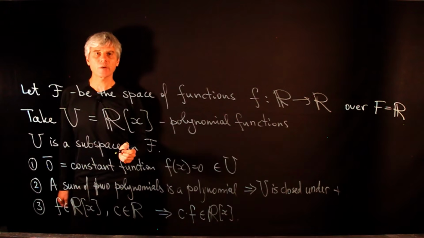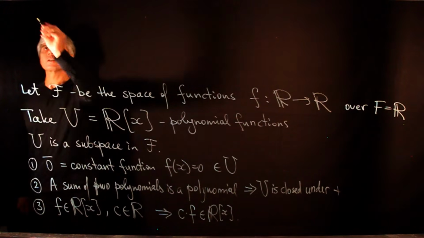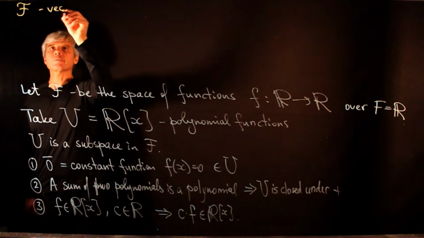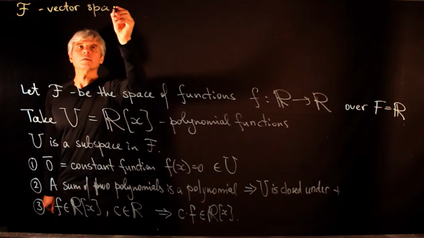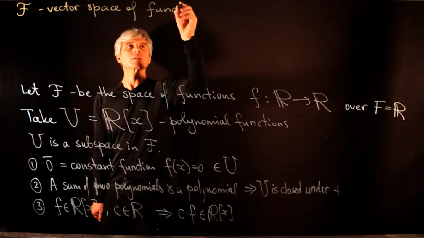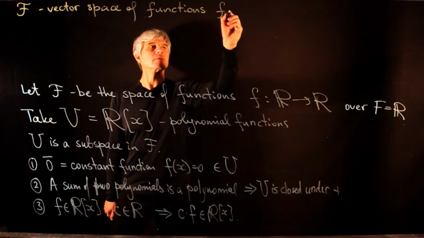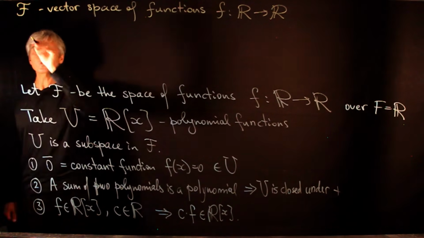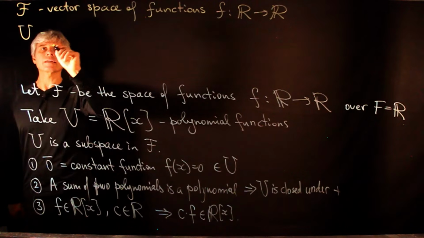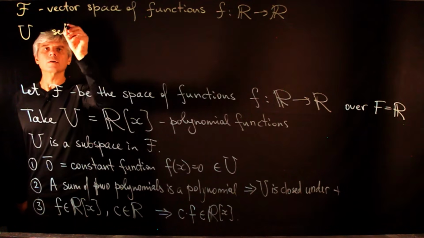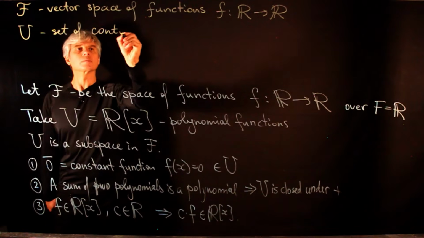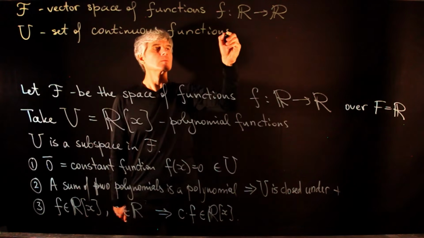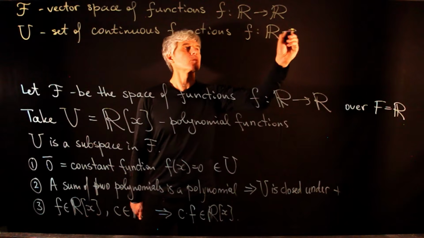For the next example, I will assume some familiarity with calculus. So let F, as here, be the vector space of functions f from R to R. And as U, let's take the set of continuous functions from real numbers to real numbers.